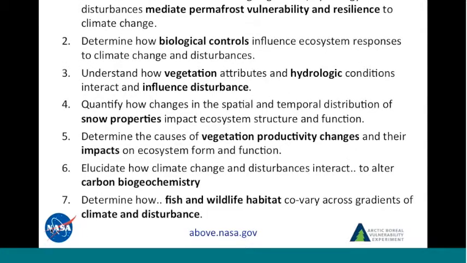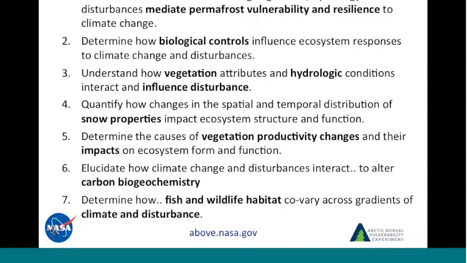And then the next slide are objectives that we've laid out, in this case specifically in the context of ecosystem dynamics. So again, I won't read through these, but just to point out that some of the objectives are focused on permafrost vulnerability and resilience, which of course there's tremendous interest in now.